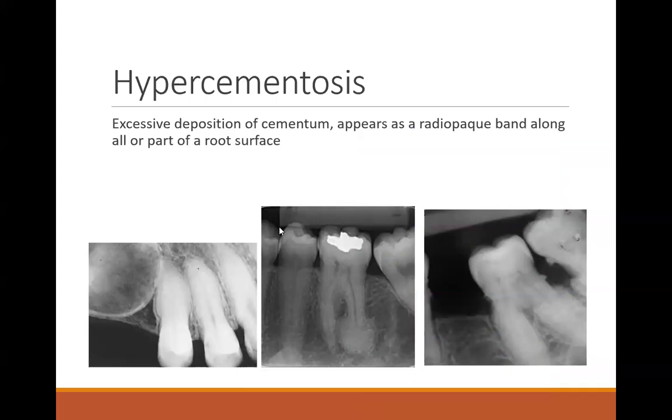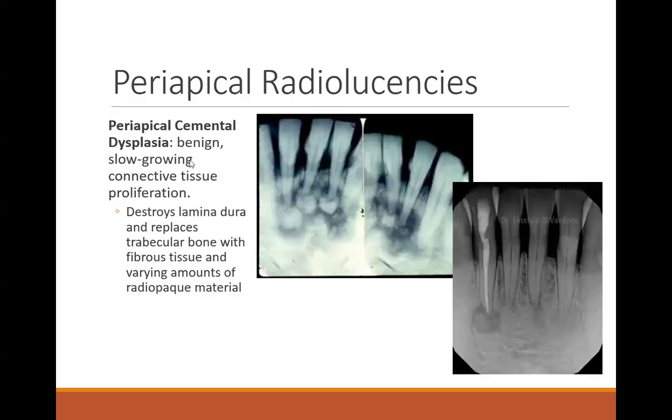There's also something called hypercementosis. You can see it's kind of an abnormal growth of the cementum, and this can look like some kind of periapical lesion going on. It's an excessive deposition of cementum, and appears as a radiopaque band along all or part of the roots.